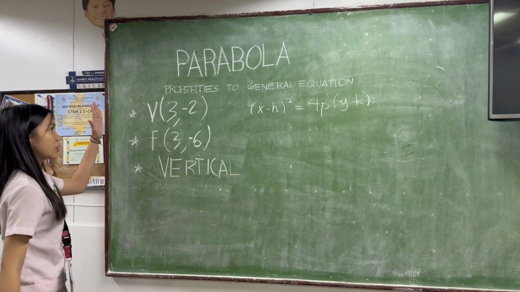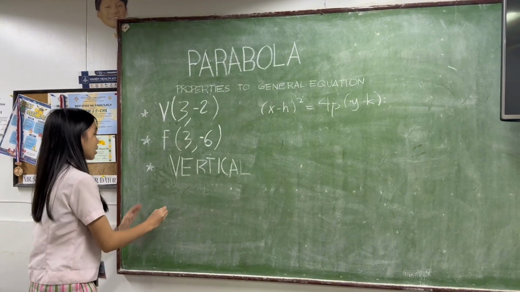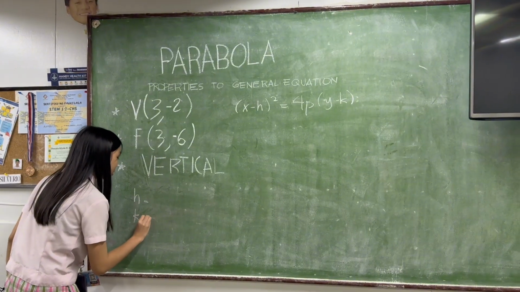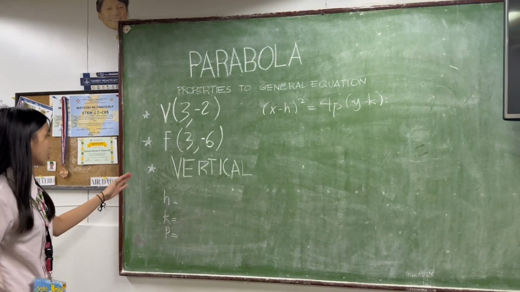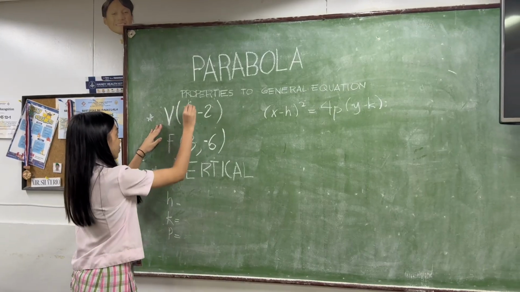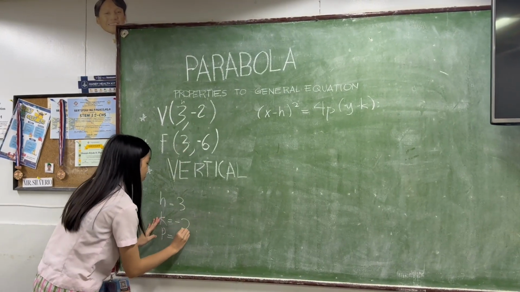First, to find the general equation, we're going to find h, k, and p. For h and k, we can find them in the vertex. So h is 3, and k is negative 2.